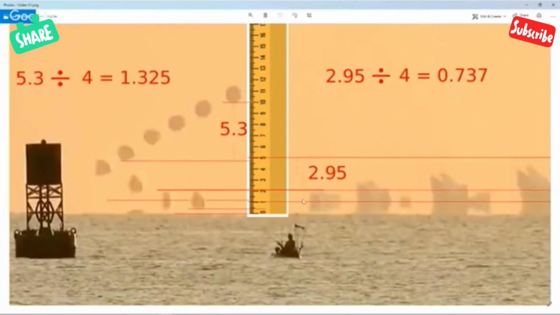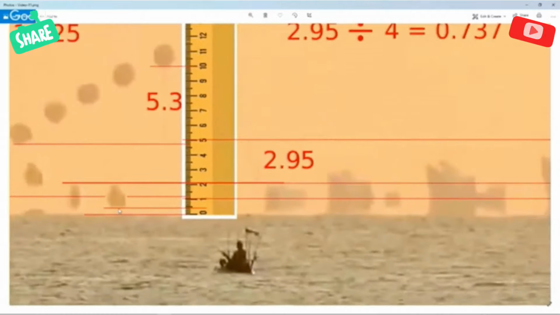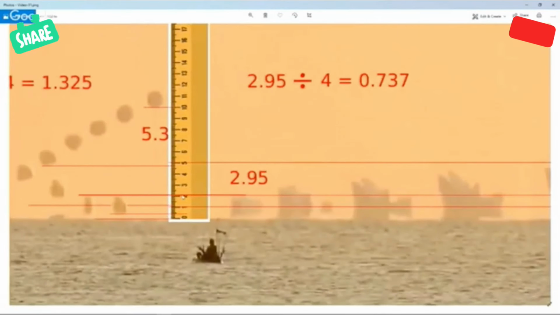So I'm going to say that this object, almost instantaneously, just after the last frame was taken, struck the ocean right here. And then, by virtue of the fact that it took 3 frames to go back up, the water splashing up at 0.737, or 7.37 millimeters per frame, would have taken 3 frames to climb up 1, 2, 3 and get to this position here, which is relative to the first position noted on Rheds' video.